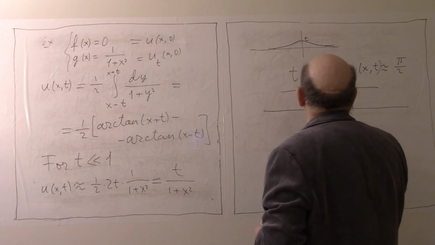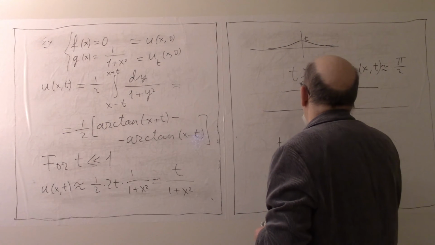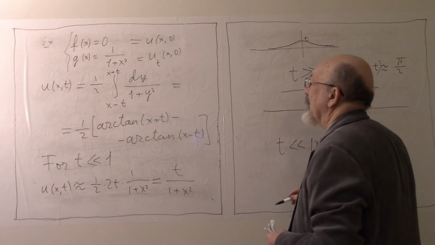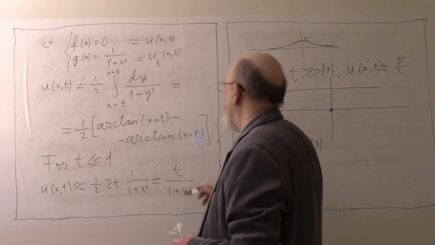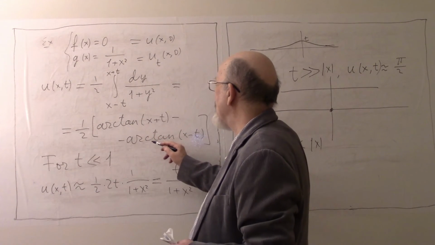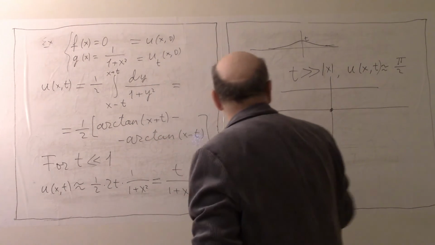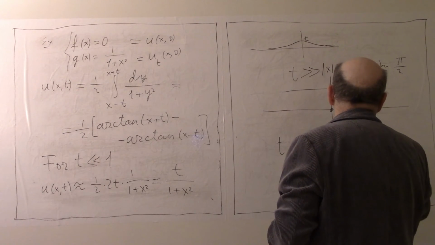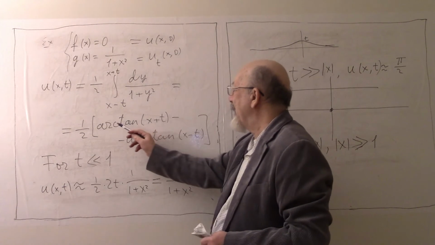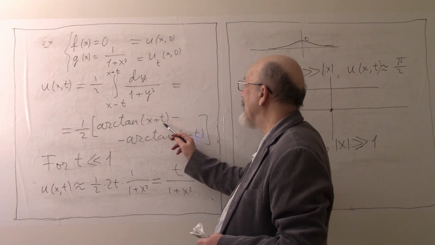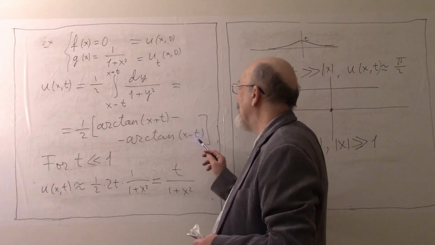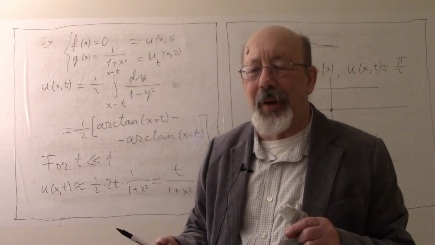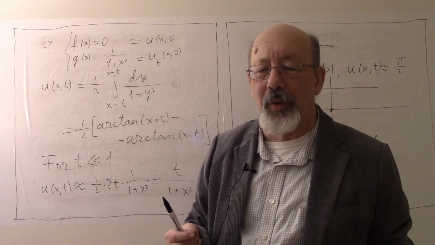Now, if t is less than the modulus of x, then the following thing happens. These two arctangents, for large x, x much more than 1, arctangent of x plus t and arctangent of x minus t are both close to either pi over 2 or minus pi over 2.